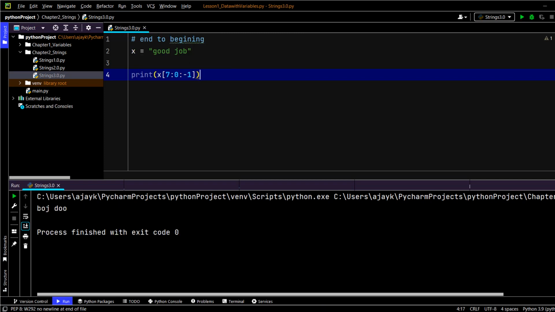Okay, see, I got here B, and then O, and then J, and then space, and then D, and then O, and then O, right? But because this parameter says up to, this is not going to be included. But is this actually possible?